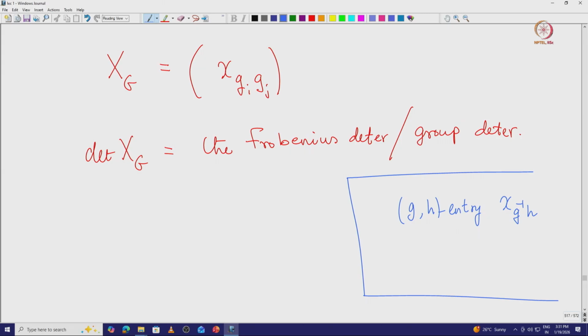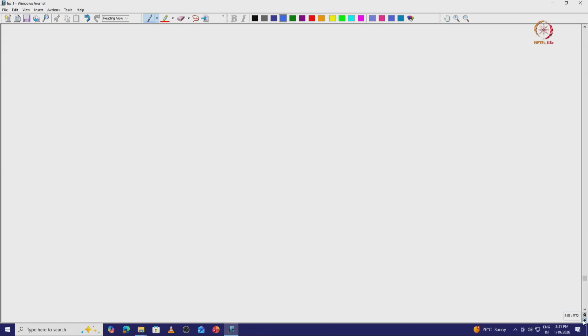Let us do some examples first. Let us take, for example, G to be Z modulo 2Z, and let us write this as 0 bar, 1 bar. This is the list that I am making. The corresponding variables I am going to denote as x0 and x1.